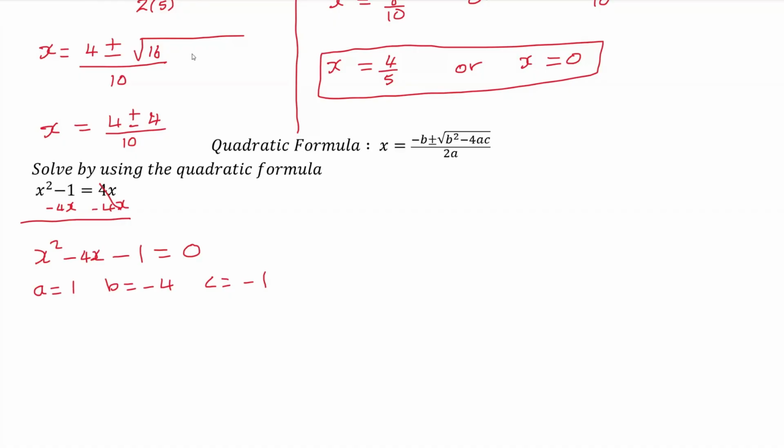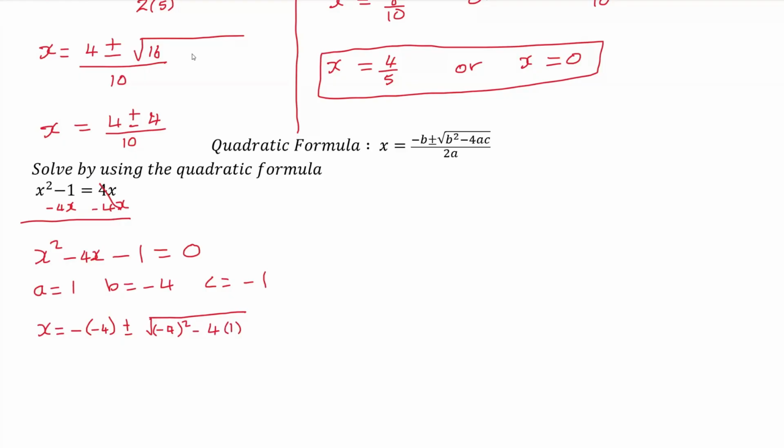So now we substitute it inside the formula again, and so you get x is equal to minus -4 plus or minus the square root of -4 squared minus 4.